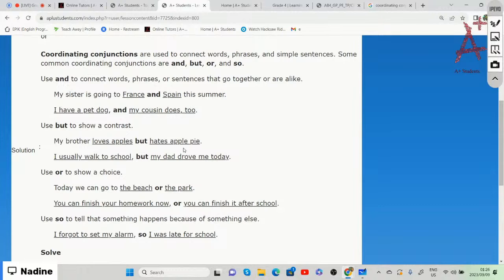It's like a choice, or you could say it's more like an option. So we use or to show a choice, and we say choice or options.